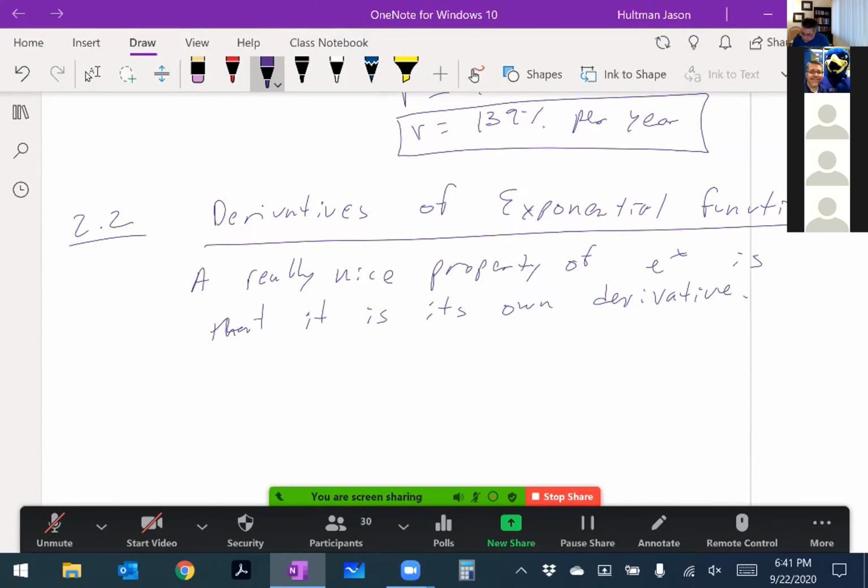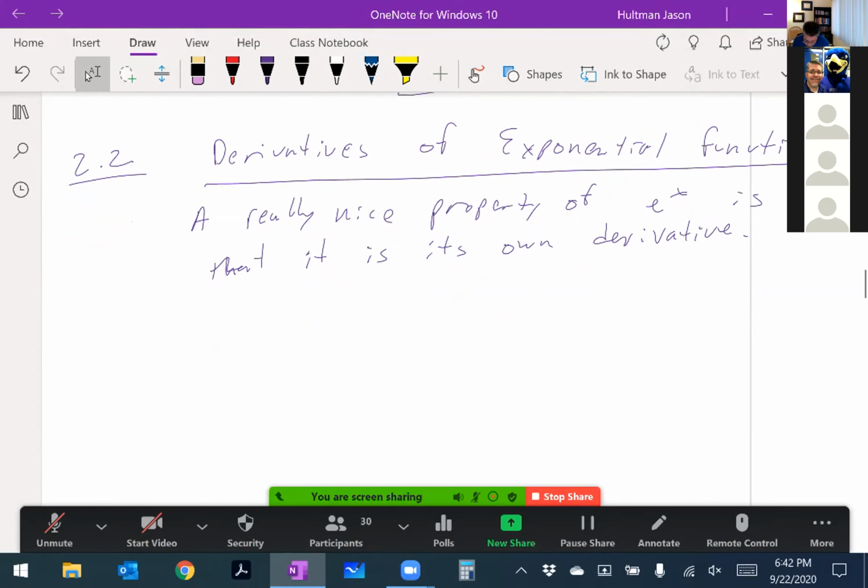So if I have f of x equals e to the x, and I take f prime of x, that's also e to the x. It is its own derivative.